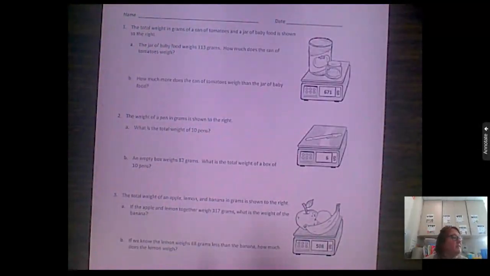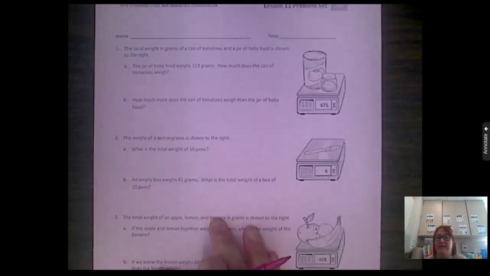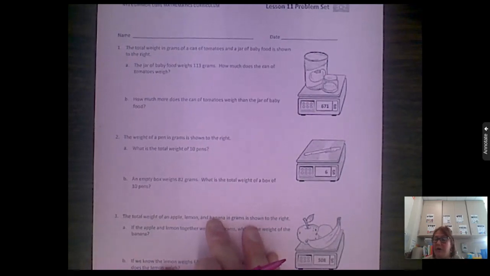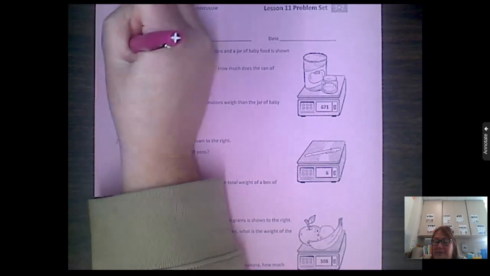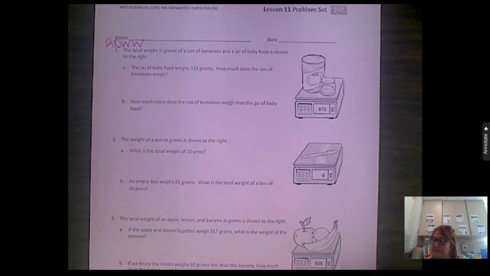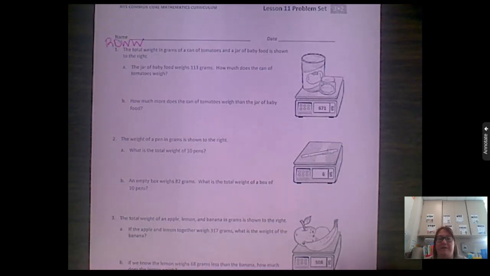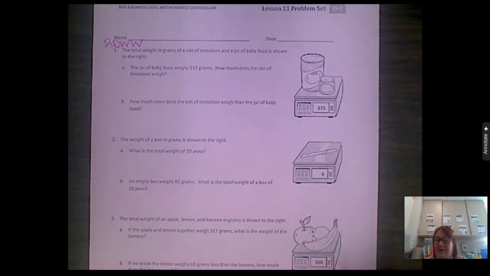Okay, good. I want to jump right into our problem set for today since we're working on word problems, and we know that whenever it's a word problem, we're going to have RDWW, so put your name and date on there if you didn't already do that. All right, when you're ready, put your finger or your pencil on the total weight, and already I see a clue word there.